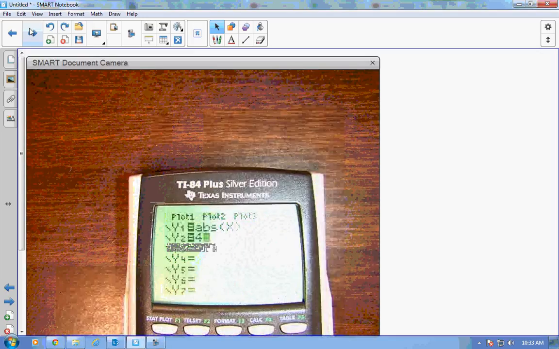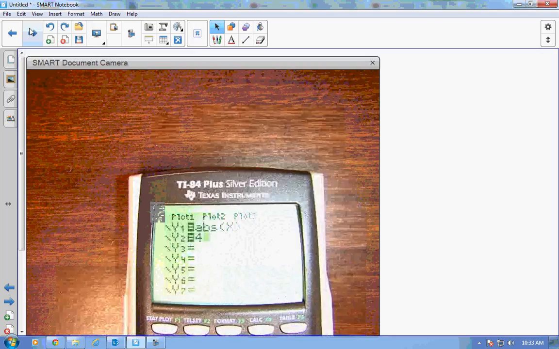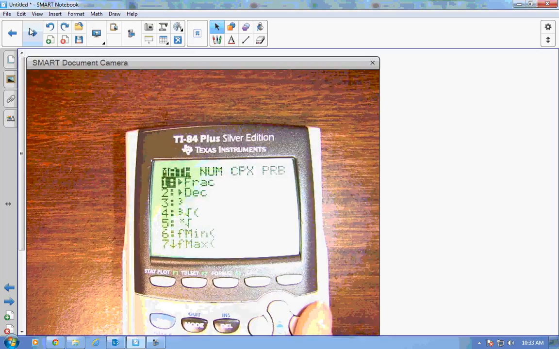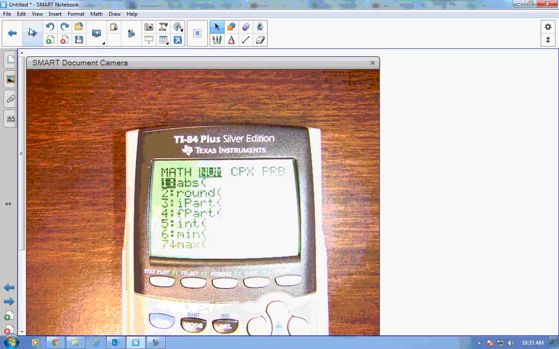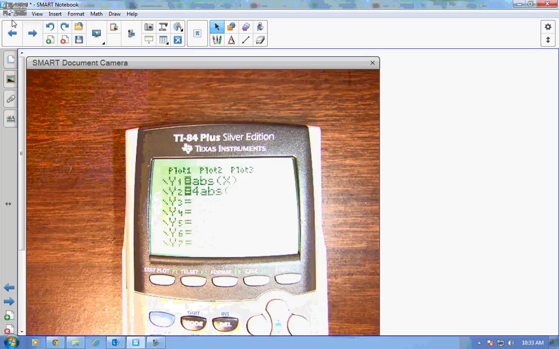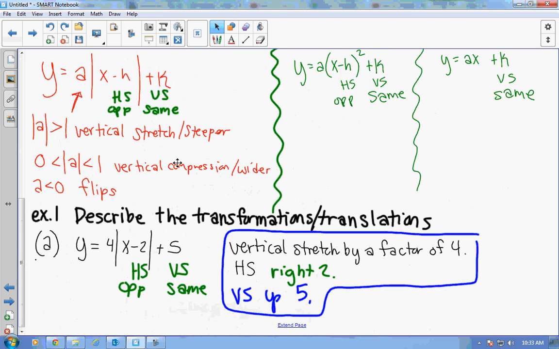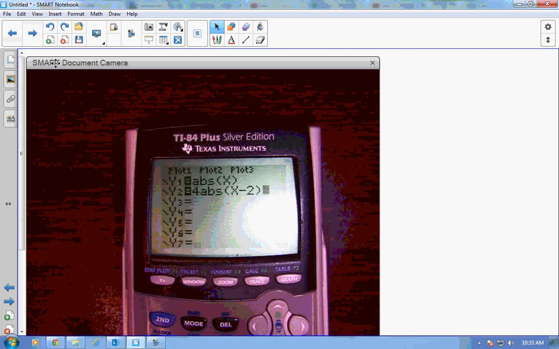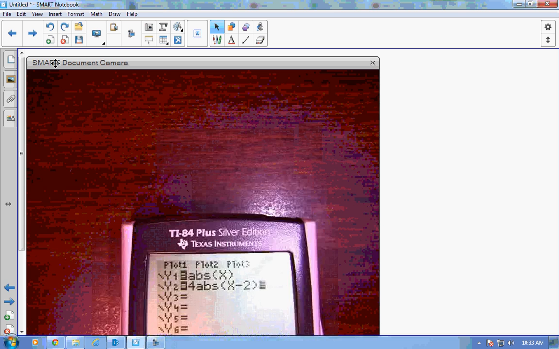How do we get to absolute value? Math, number, abs. And this was x minus 2? Close the parentheses before you put the plus 5. Was it plus 5? Yeah. Close the parentheses before you put plus 5.